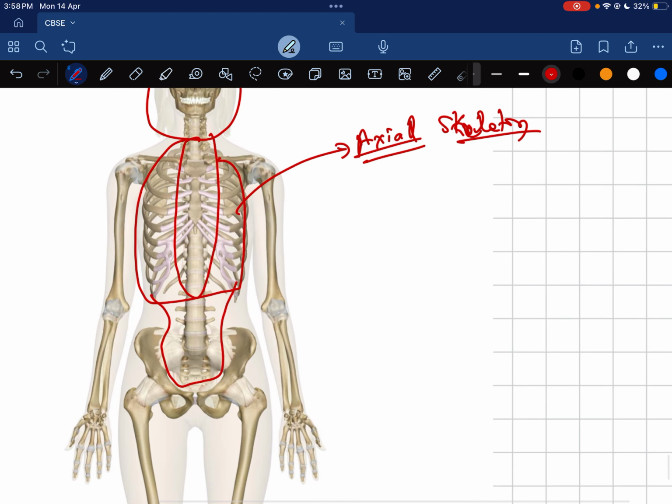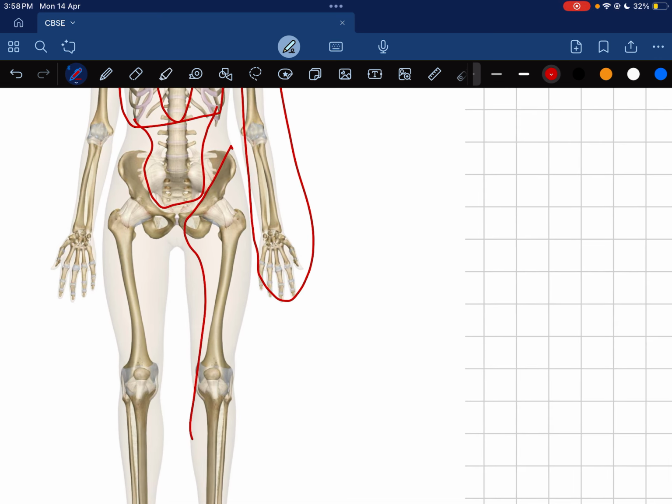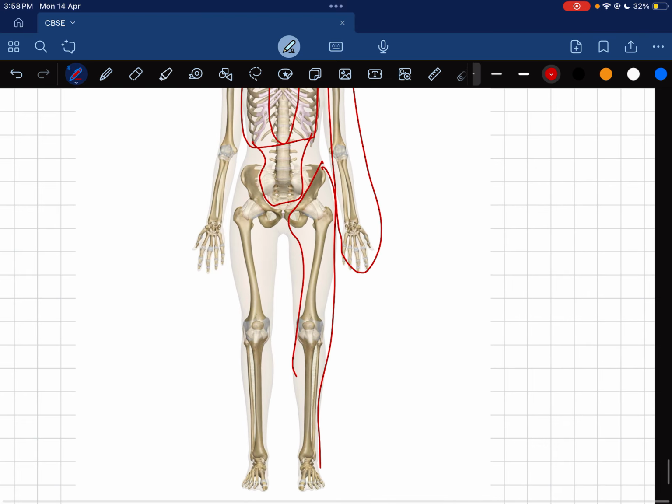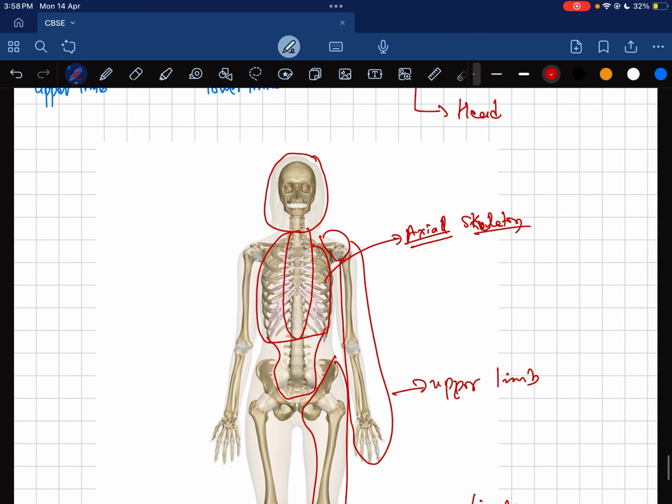In the appendicular, this bone and all of these bones are in the upper limb and lower limb. This is the upper limb and this is the lower limb. So we discuss this.